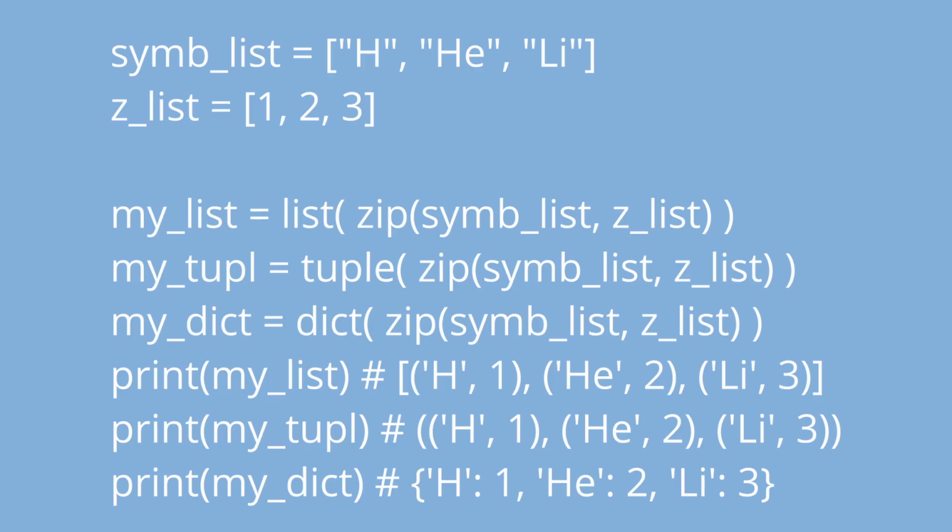MyList equals list of zip of symlist, zlist. MyTup equals tuple of zip of symlist, zlist. MyDict equals dict of zip of symlist, zlist. Zip pairs items position by position. When used with the dict function, it turns parallel lists into a dictionary.